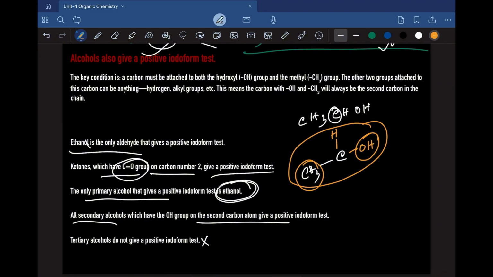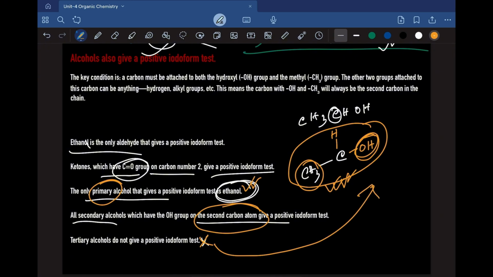In terms of the primary alcohol, only ethanol is bonded like this with both the methyl group and the hydroxyl group, so it will give positive iodoform test. And in terms of secondary alcohol, if the OH group is on the second carbon atom, then it is possible to create it like this, so it will give positive iodoform test. And tertiary alcohol can never form like this, so it will never ever give positive iodoform test.